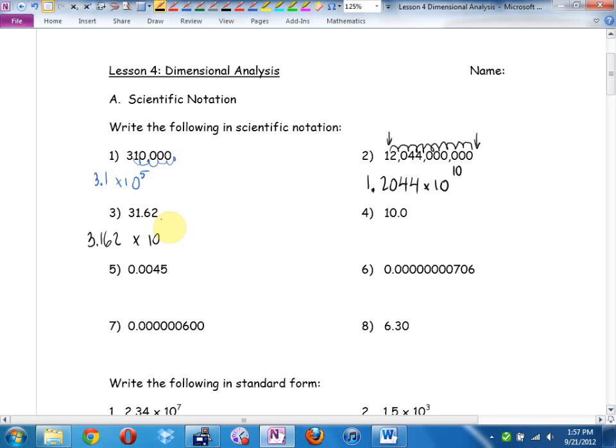Number 4, which is the number 10.0. How many sig figs is this number? You just had a quiz on it. It's 3.